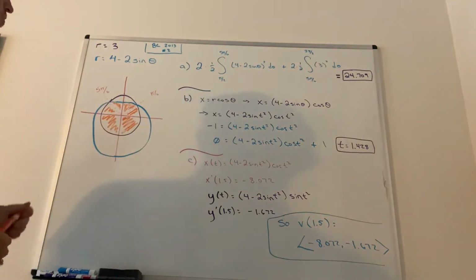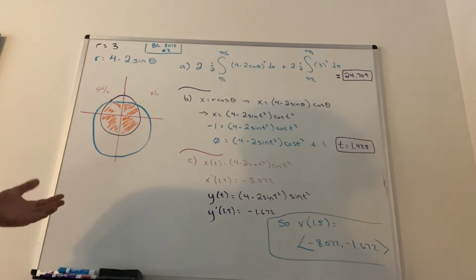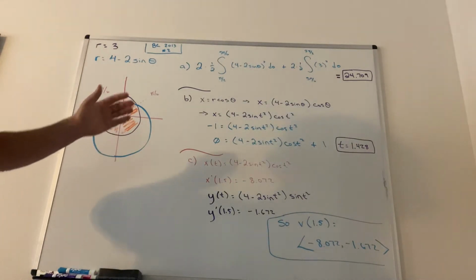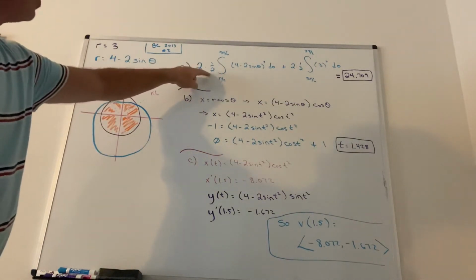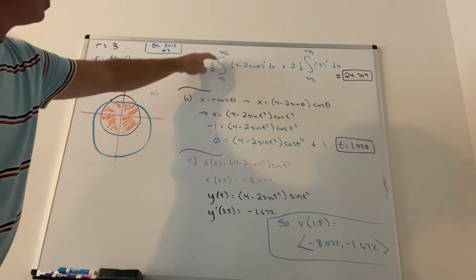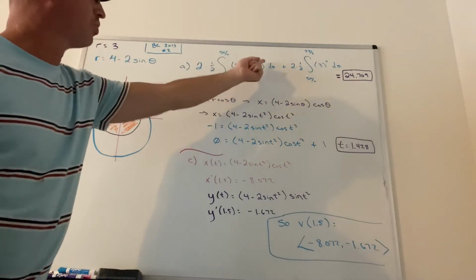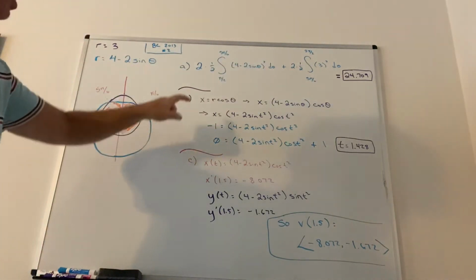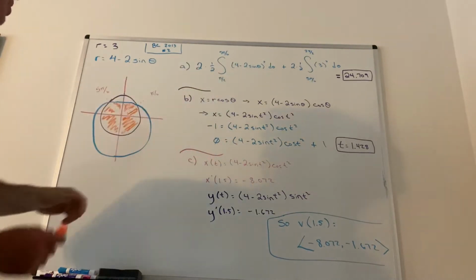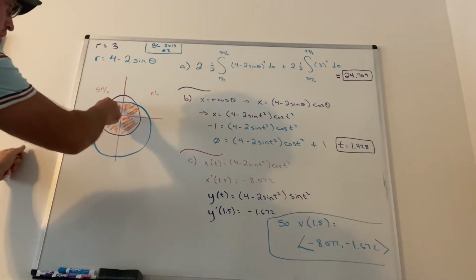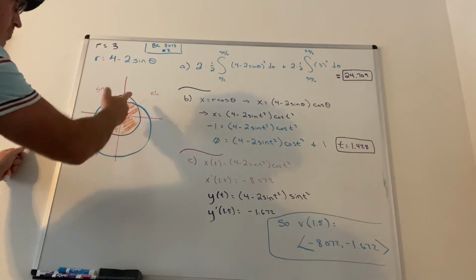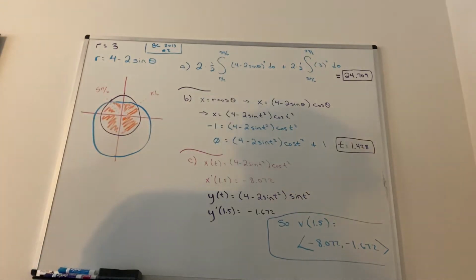So that's my integration for that piece: 1/2 times the integral from pi over 2 to 5 pi over 6 of that funky curve squared, d theta, and then I'm multiplying it by 2, because I'm getting both this and this at the same time by just timesing it by 2.